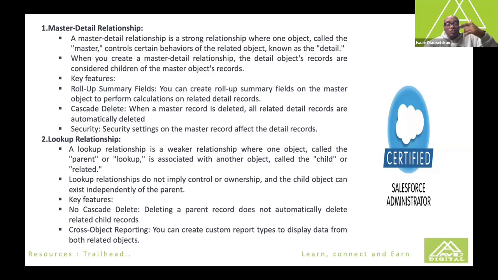If you really want to go more technical, if you have a master-detail relationship existing between a standard object and a custom object, let's say you build an object yourself, what I'm saying is that a custom object can never be a master object to a standard object.